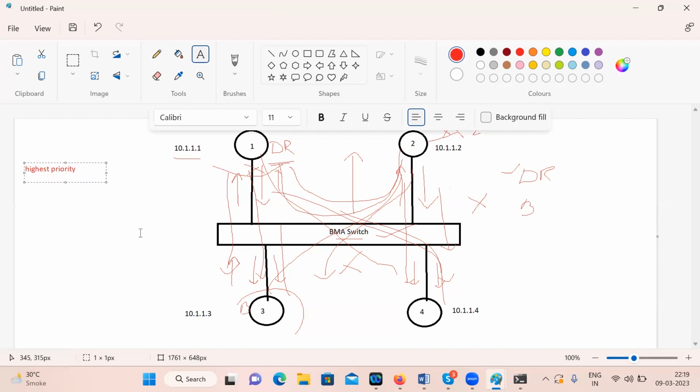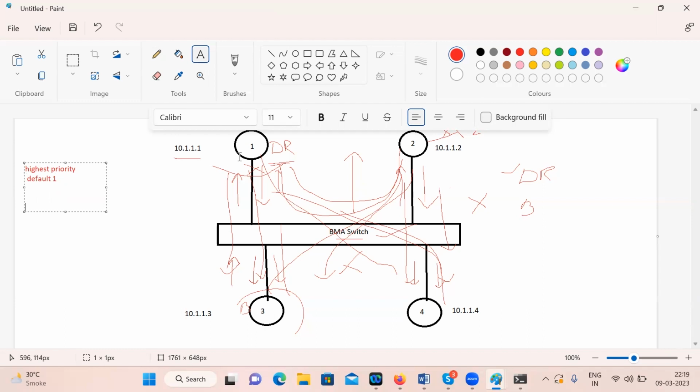Every OSPF router has a default priority of one.